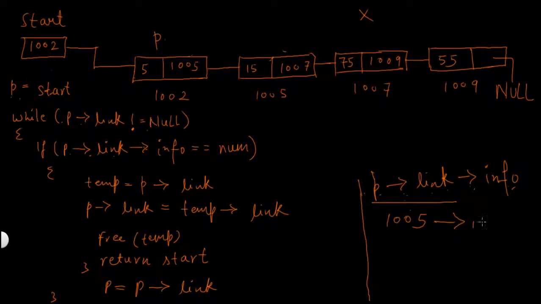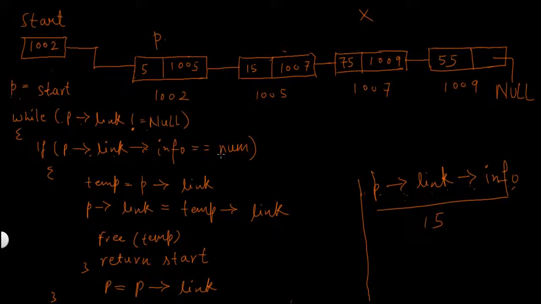So arrow operator info will mean info part of this node, because p arrow operator link means address of the next node. This is the address of the next node. And what is the info part of that node? It is this 15 according to this example. So all this means info part of the next node, which is 15 here.